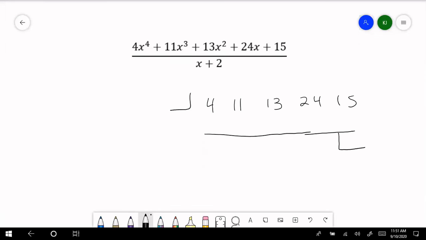What number goes in the box? Nope, remember, I want the 0 of what I'm dividing by. -2. Yeah, it's the opposite of whatever that is.